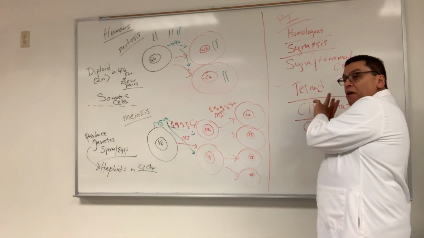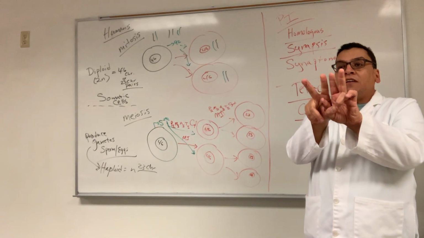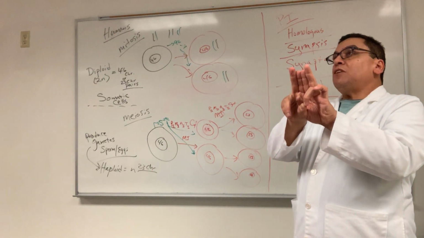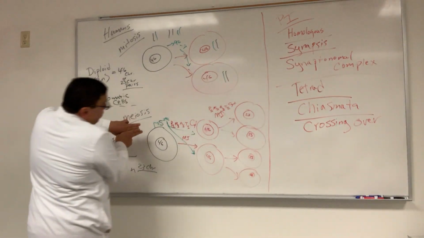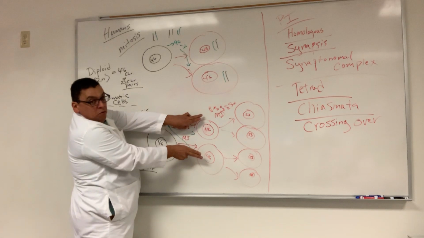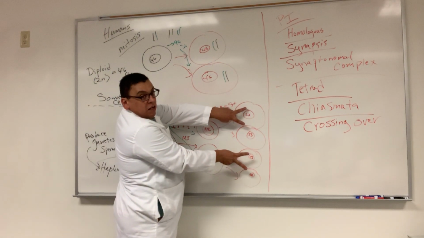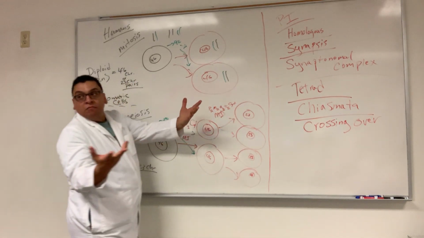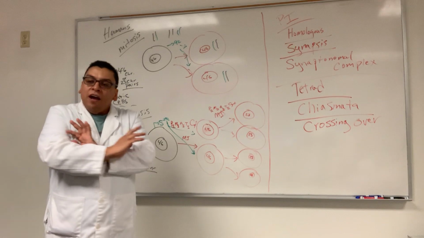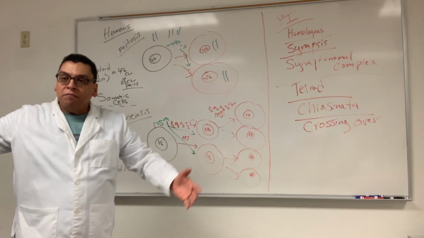Now the rest of meiosis is to separate these. Watch. After I've done the shuffle here, the rest of meiosis is to do this. Go through meiosis 1 to separate these two. Go through meiosis 2 to separate these. So you do the shuffle in prophase 1, and the rest of the event is dealing with separating them.